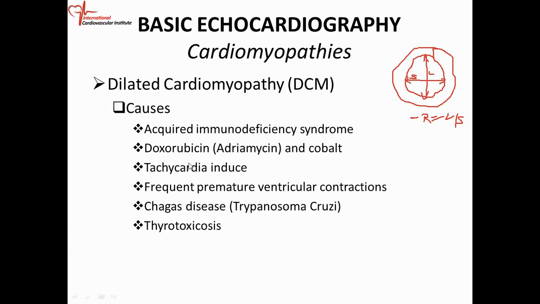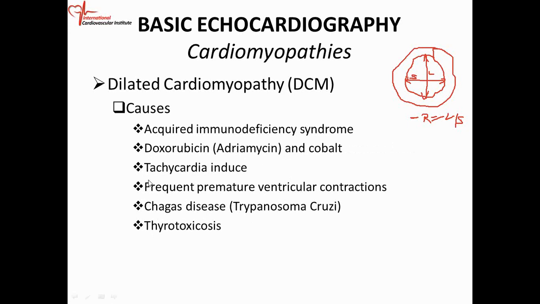That is why when patients have, say, a breast cancer or a lung cancer, and they're going to put them on certain types of cancer drugs, they usually send them to the echo lab to evaluate them before, during, and after the use of these medications. And the medications that commonly will cause a cardiomyopathy are doxorubicin or Adriamycin and cobalt. So you have to remember this.